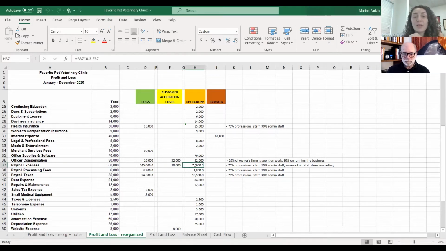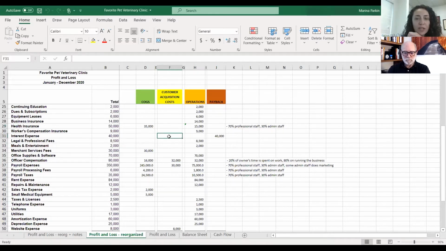So I further split out the salary of the admin people to office administration, just strict administration, and customer acquisition cost. Now, I didn't go as granular into the payroll processing cost or the health insurance, but I could, if I wanted to, split out this person's payroll processing fees and health insurance. For the purposes of this exercise, I think you get the idea.